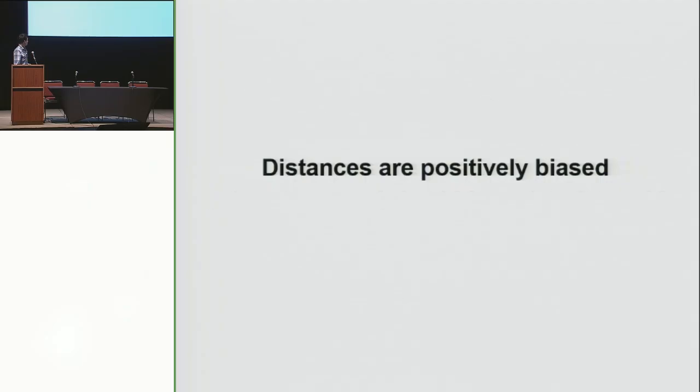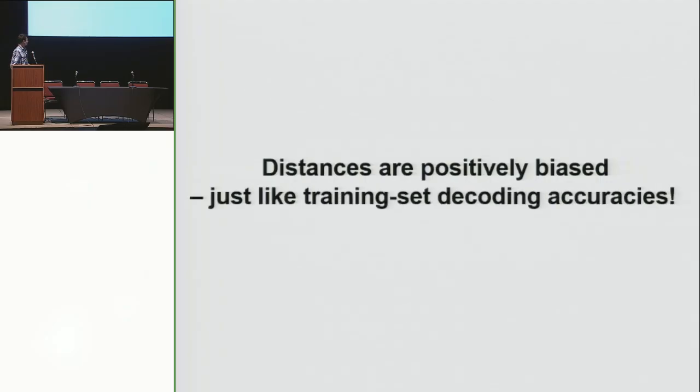So distances are positively biased, and that's something they share with training set decoding accuracies. You've heard in Yuki's talk that it's key in pattern decoding analyses to cross-validate, right? Once you fit your classifier, it's not enough to look at how well that classifier does on your training data, because in a high-dimensional space, your classifier might do perfectly, even when there's no information at all about the labels in the data, right?